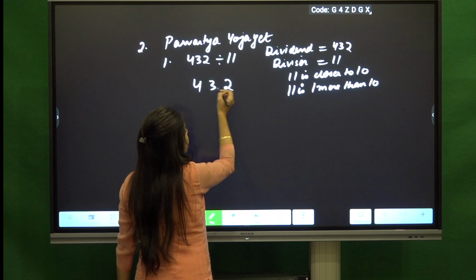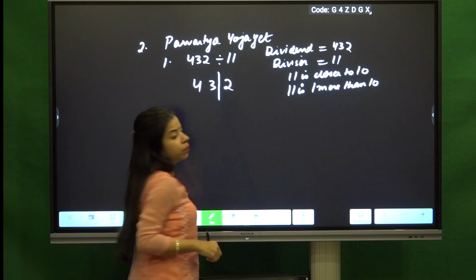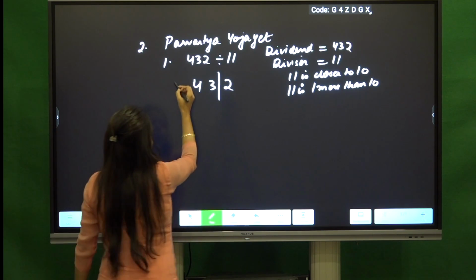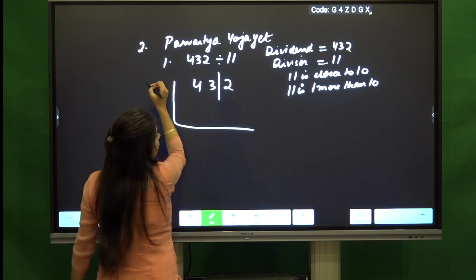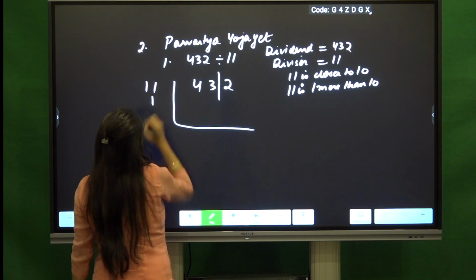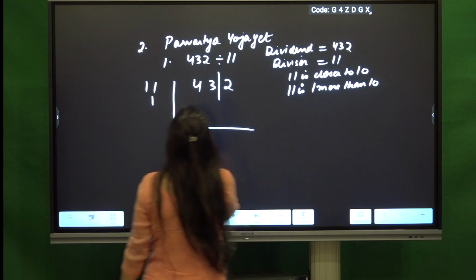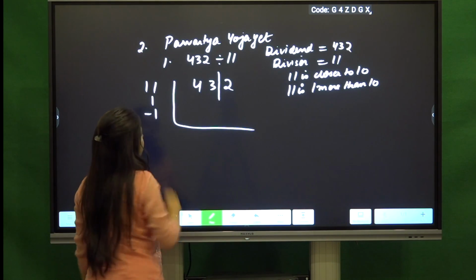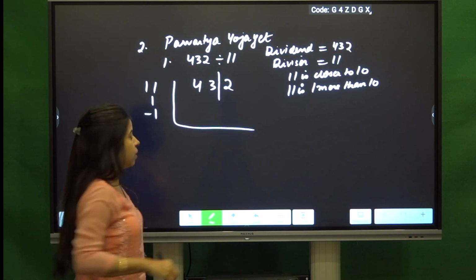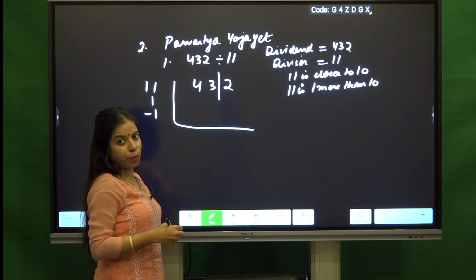So, we are going to place the slash between 3 and 2. Okay. So, next we are going to write here 11, 1 is the excess and the complement will be minus 1.